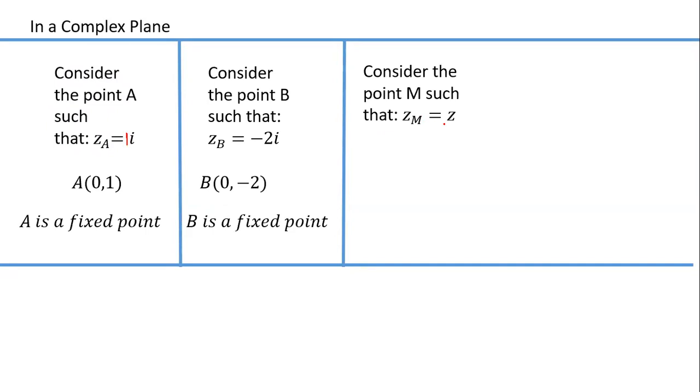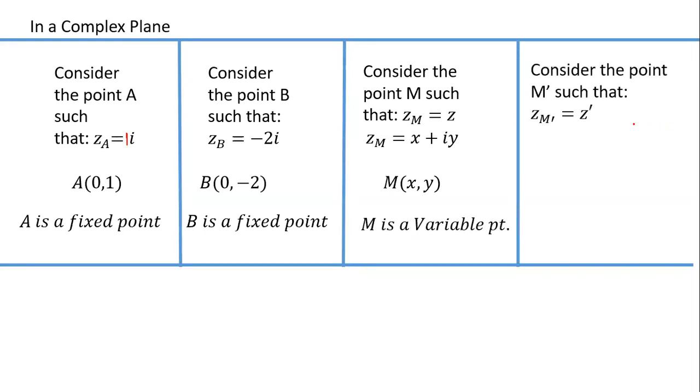For point M, the affix is not known, so we can write it in algebraic form x plus iy. In image form its coordinates are x and y. The coordinates are unknown, so we can say that M is a variable point.